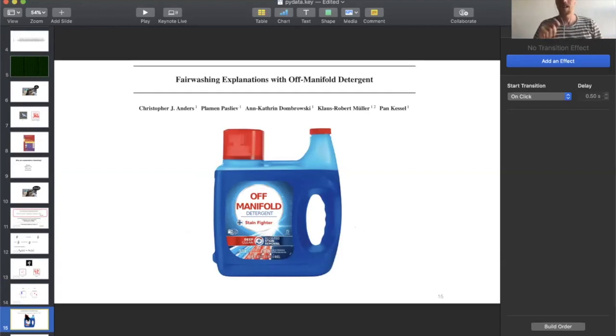What you probably haven't understood yet is why we fair wash with off-manifold detergent. And in order to understand this, I need to explain to you how we do this manipulation. In the paper, we do a lot of differential geometry to show that there actually exists such a G-twiddle and how we can get it.